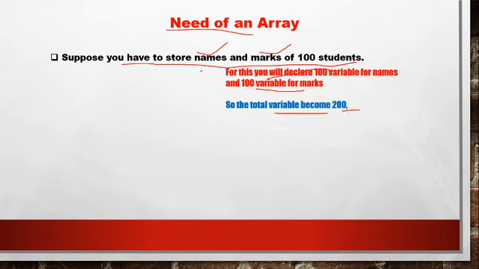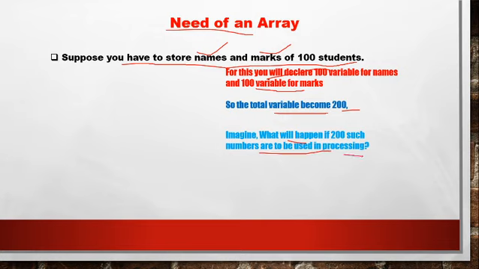Now see the scenario. For 100 names and 100 marks, you will declare 100 variables for name and 100 variables for marks, so the total becomes 200. Now imagine what will happen if 200 such numbers are to be used in processing.